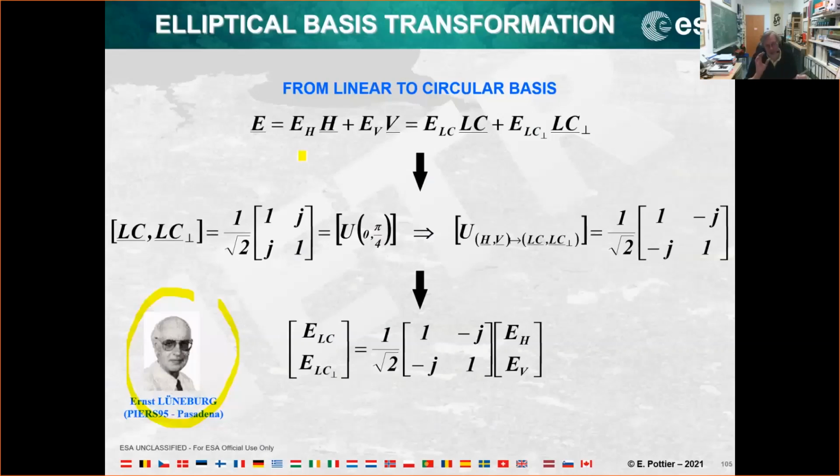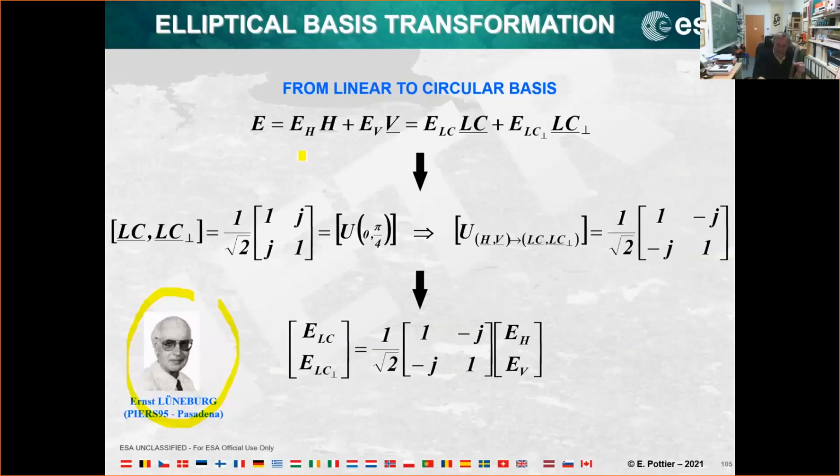This is also quite easy for a circular antenna because you need a horizontal plus a vertical, and at the input of the antenna, you apply a phase shift of 90 degrees of the vertical compared to the horizontal to create a circular polarization.